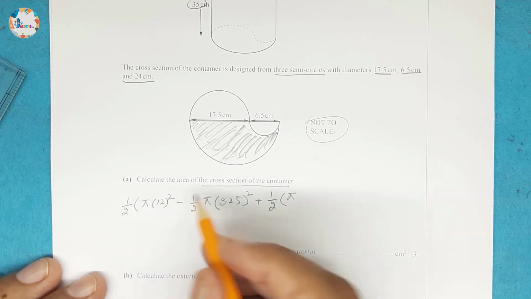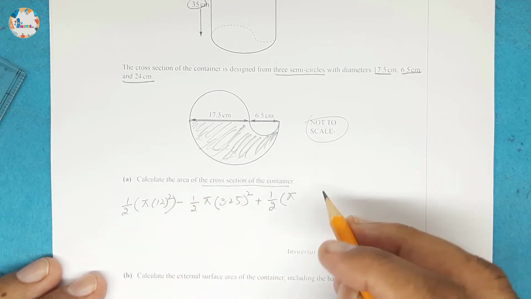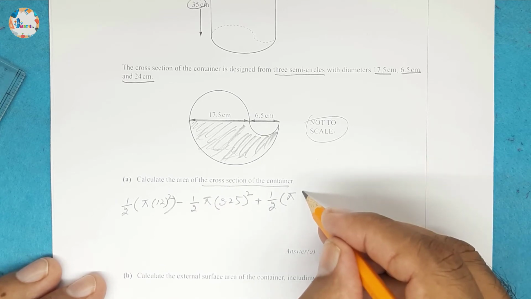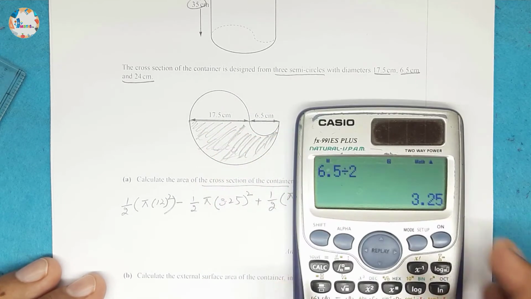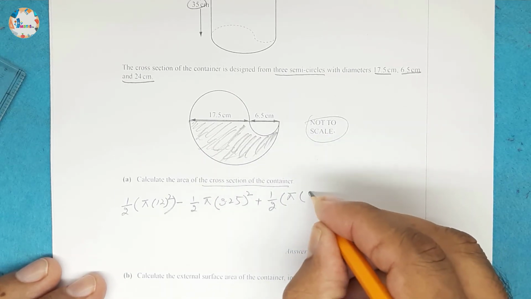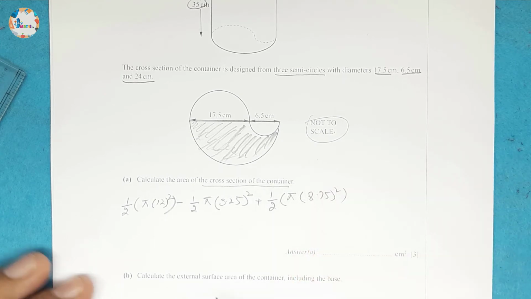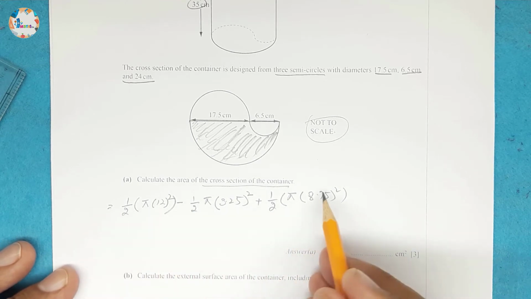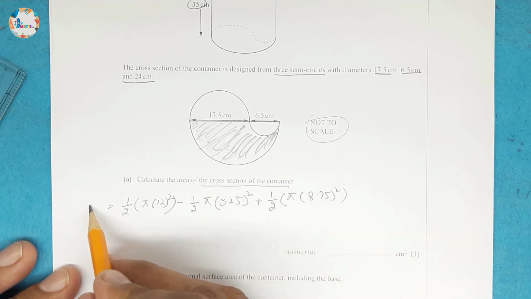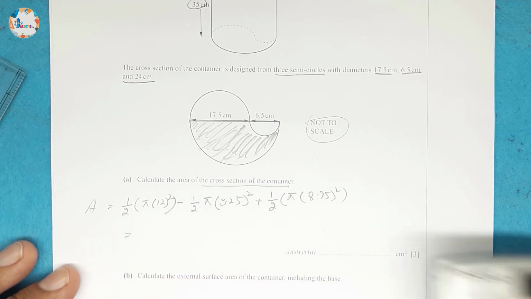Pi will be this one, so pi r square will be 17.5 divided by 2, so 17.5 divided by 2 will be radius, which is 8.75, so 8.75 squared. So we can calculate this one. This will be basically the cross section area.